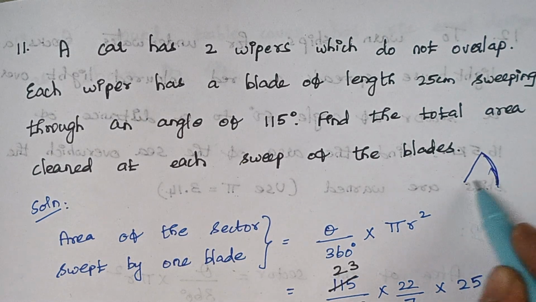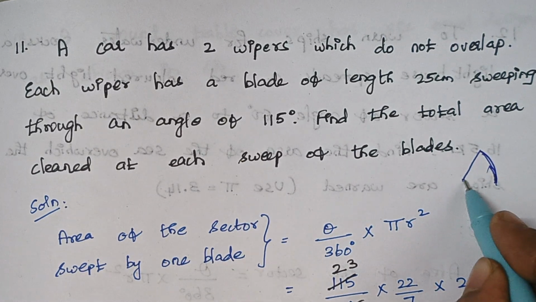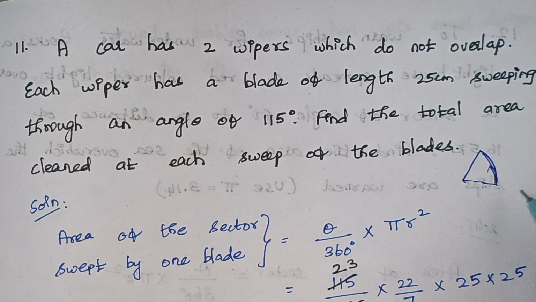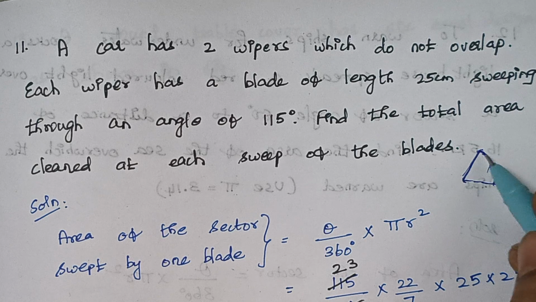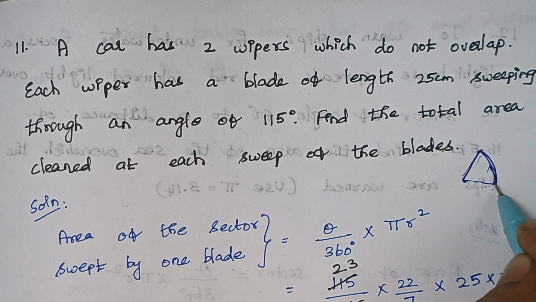So the area cleaned by the wiper is again a sector. Can you understand the problem here? This is the wiper and whenever it is turned on, it moves like this. So again the area covered by the wiper is in the form of a sector.